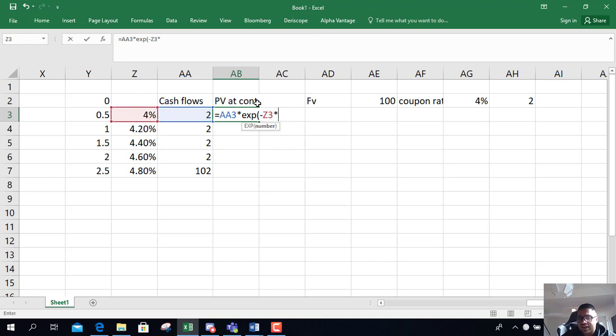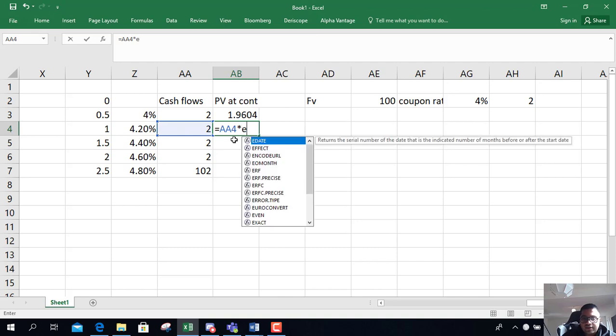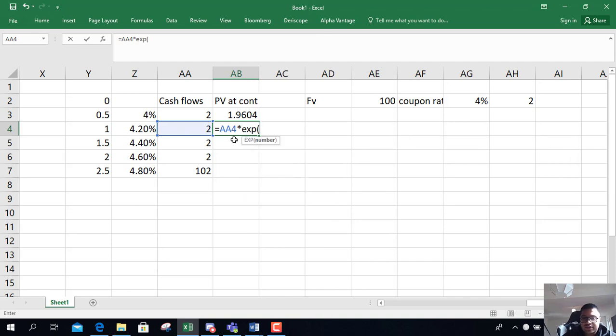The percentage given is 4% per year into what is the time frame? 0.5. Okay, so let's link it, 0.5. So this is the present value of $2 for 6 months. The present value of $2 here is 2 into exponential of minus 4.2% into 1 year.